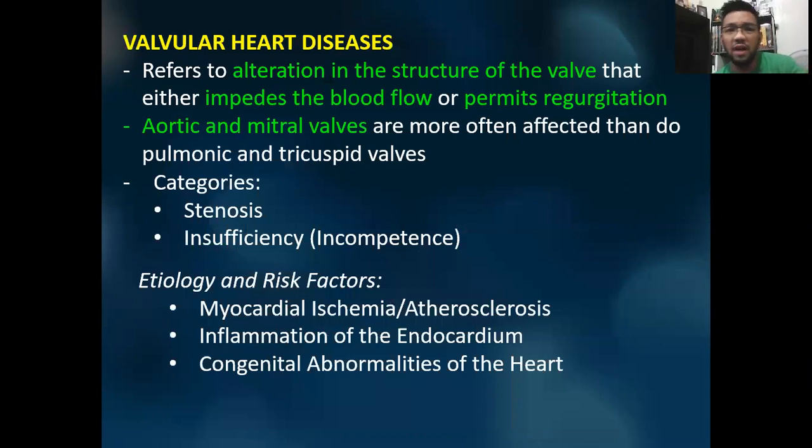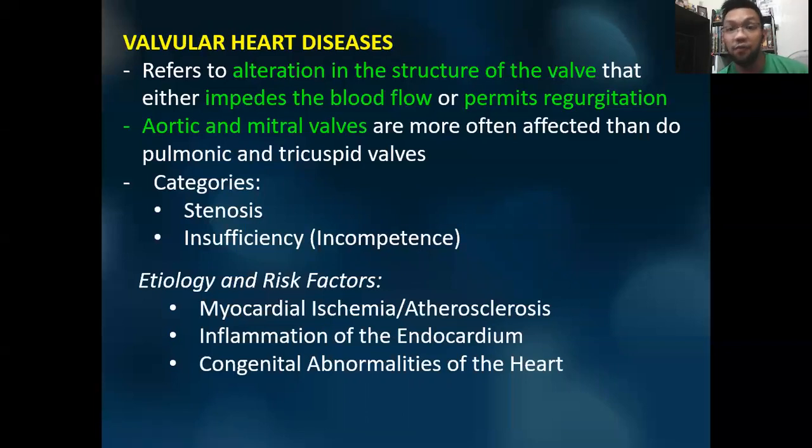Now we go to valvular heart diseases. This refers to the alteration in the structures of the valve that either impedes the blood flow, so it blocks it, or permits regurgitation. So it either impedes or blocks blood flow, or it regurgitates.